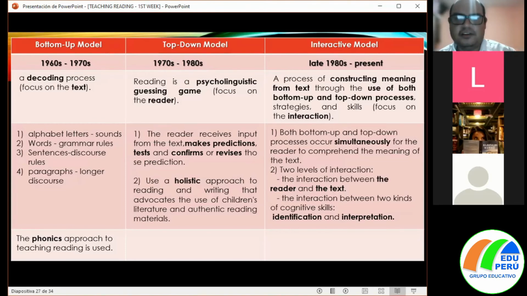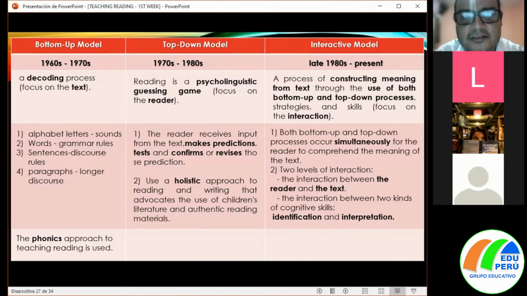Remember, when we talked about phonetics and phonology, we talked about phones. Phones are sounds, yeah. Phonics is when you make a relationship between the sounds and letters.